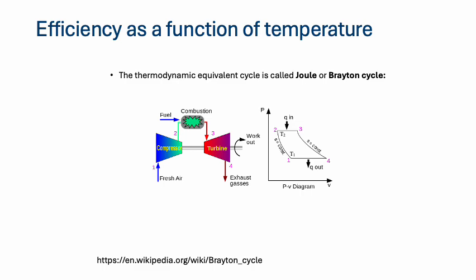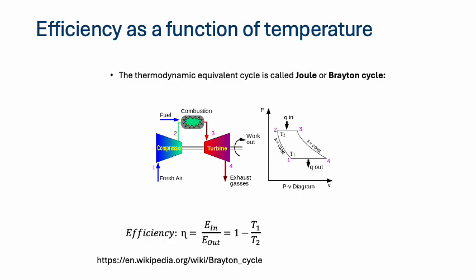The Q out is in the form of heat that is emitted in the exhaust gas, and we also get work out of it, as the compressed air burns with the fuel and then expands in the turbine and turns the turbine. That gets the work out of it, and that does the work to keep the aircraft propelled.